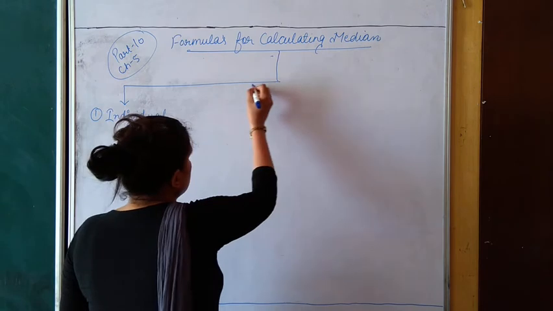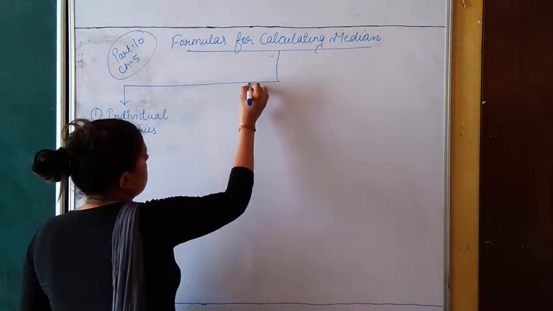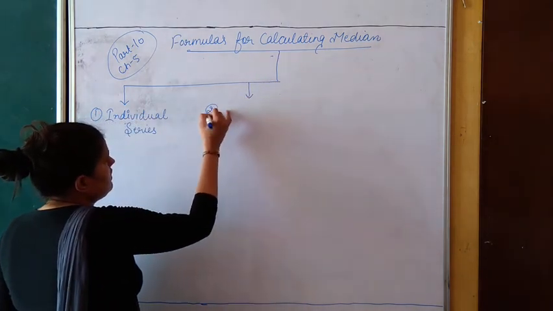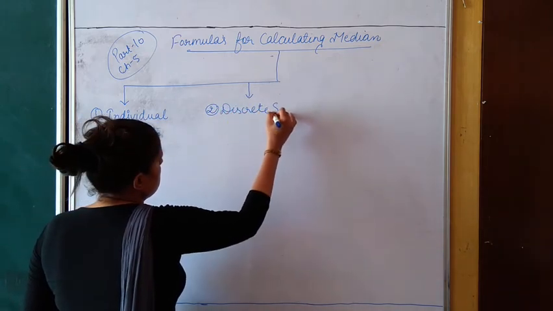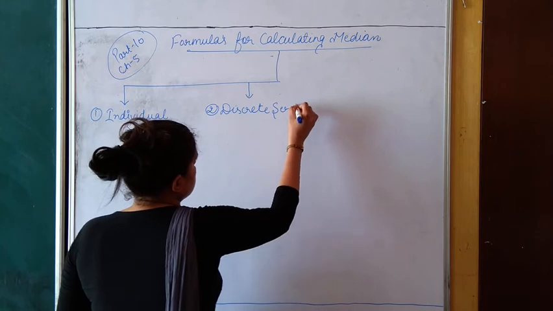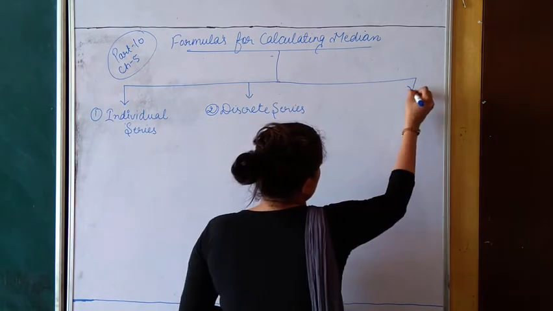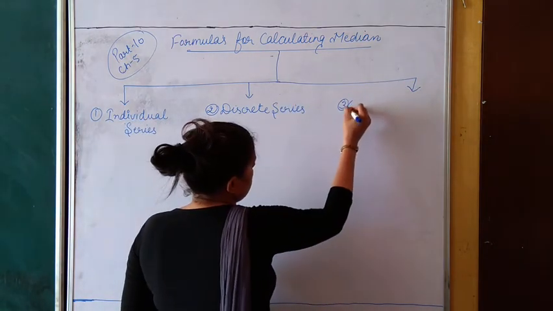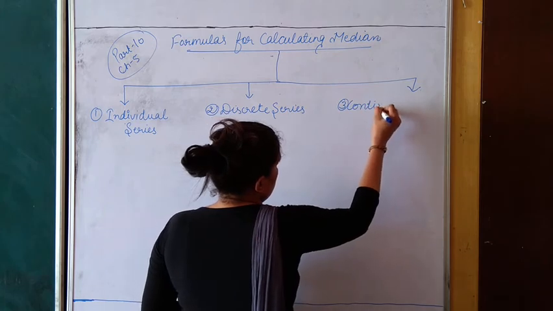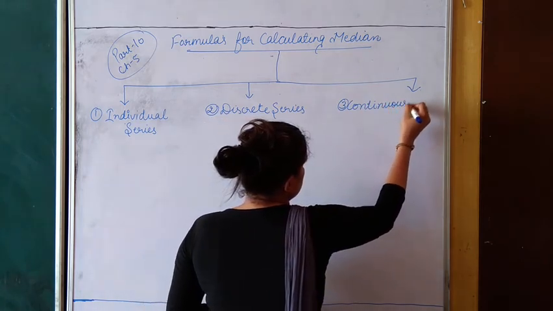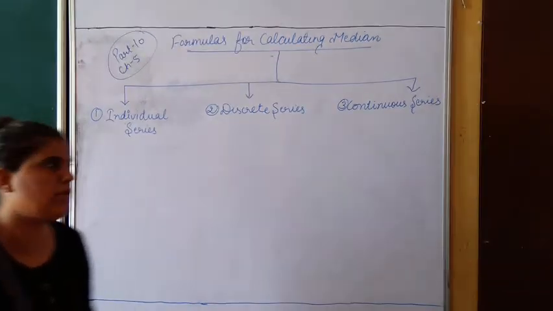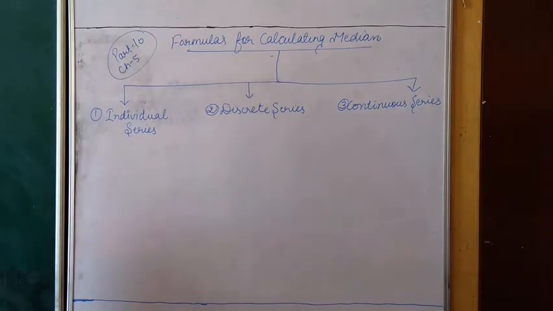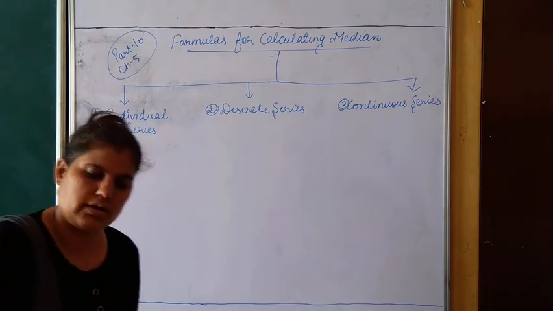Then second we have the discrete series, and third we have the continuous series. Clear? We basically have three types of series: individual series, discrete series, and continuous series.